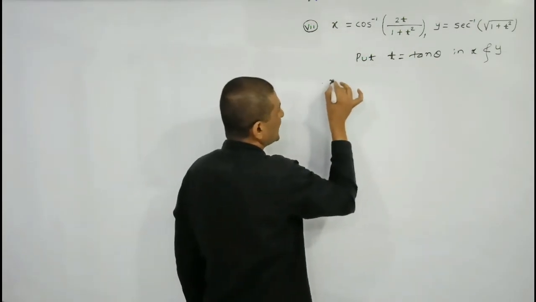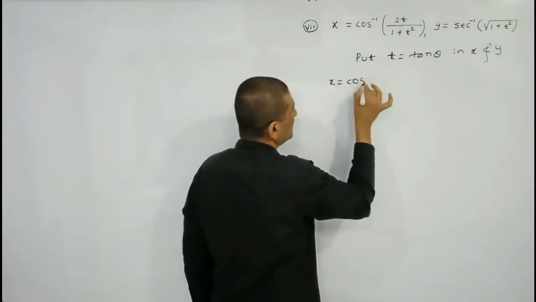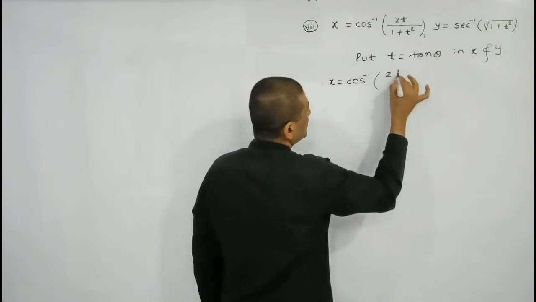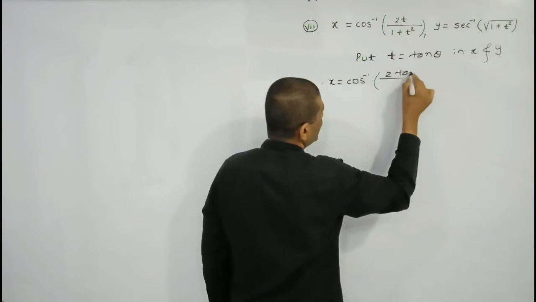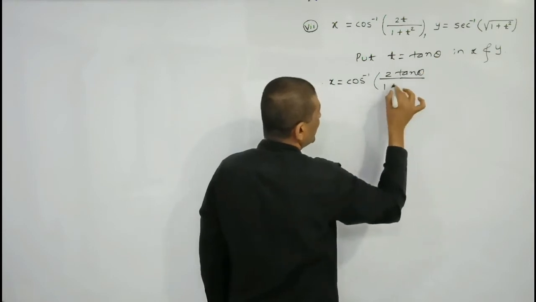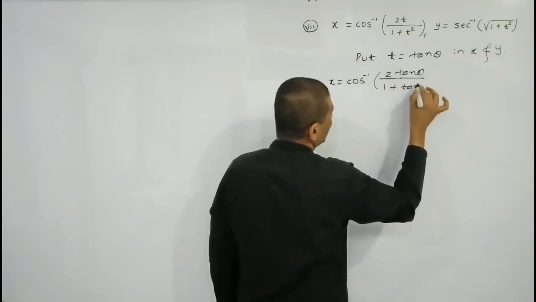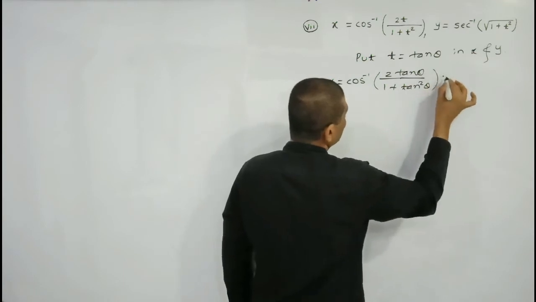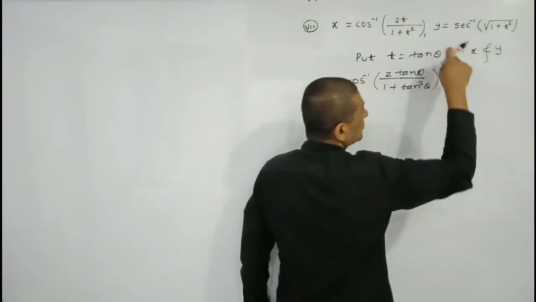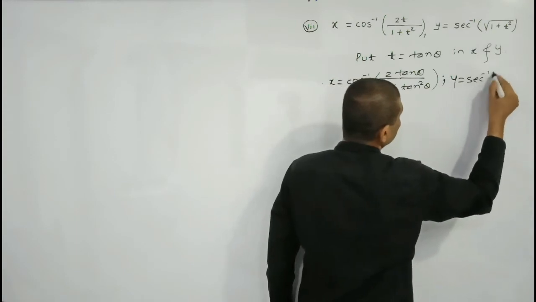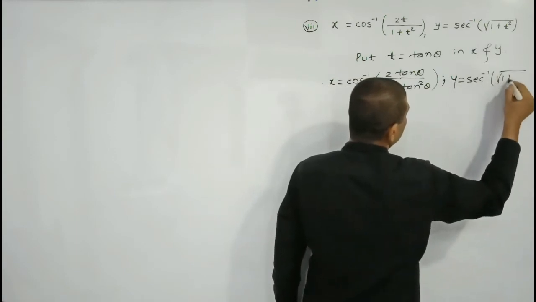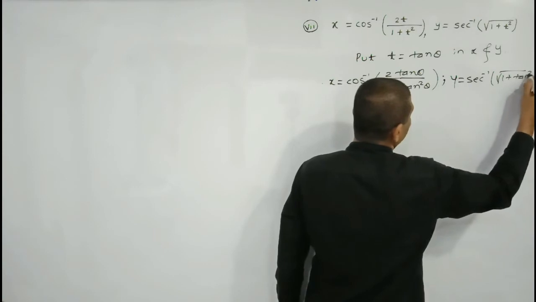So therefore x will become cos inverse of, here we will get 2t, sorry, t I am replacing by what? Tan theta. So 2 tan theta upon 1 plus tan square theta. Similarly, we are substituting t is equal to tan theta. So y will become sec inverse of under root 1 plus tan square theta.